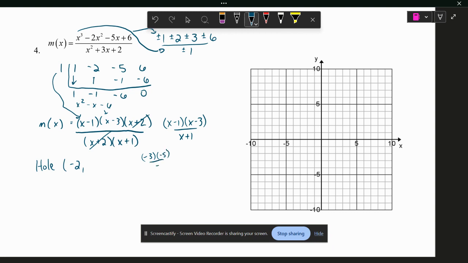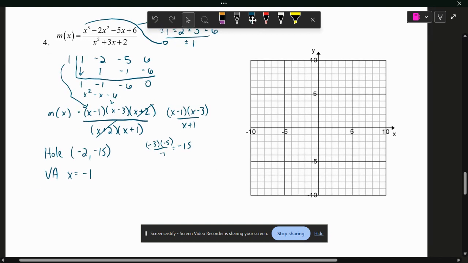And negative 2 plus 1 is negative 1, which ends up giving me negative 15. So my hole is at negative 2, negative 15 whenever I'm going to plot. Vertical asymptote: x is equal to negative 1. Horizontal asymptote: none.